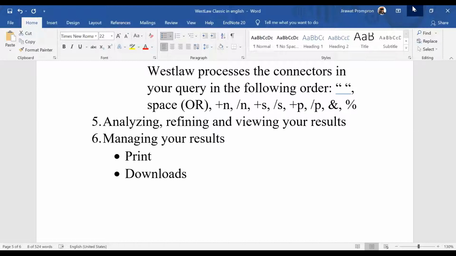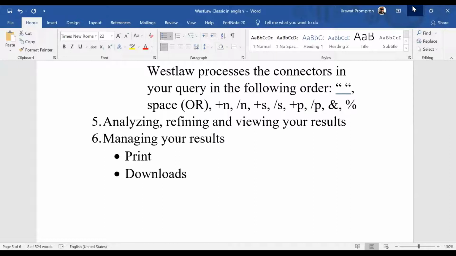Westlaw just cuts a portion of text from these articles that contains your keyword or your legal terms. In front, they show 20 words of context, and behind or after that word, you get 25 words.